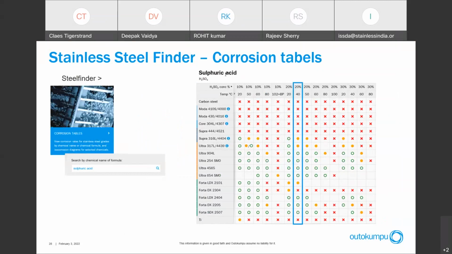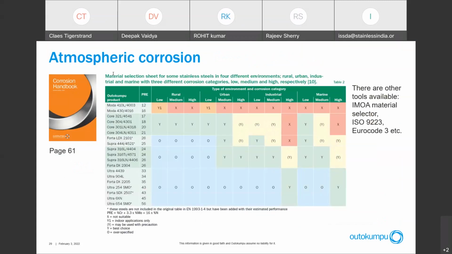So this is available from our website. You can see that for this environment, you would need to go up to a grade like 2205 to resist this environment. Then we go looking at the outside, atmospheric corrosion. This is quite tricky, but we have some guidance here as well.